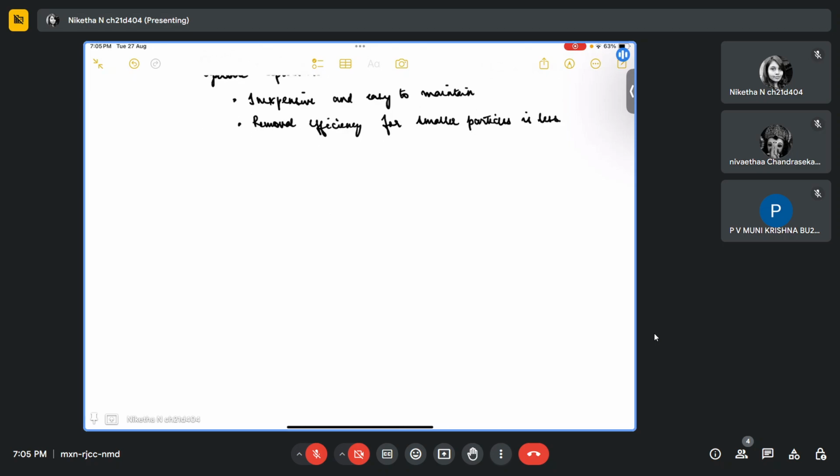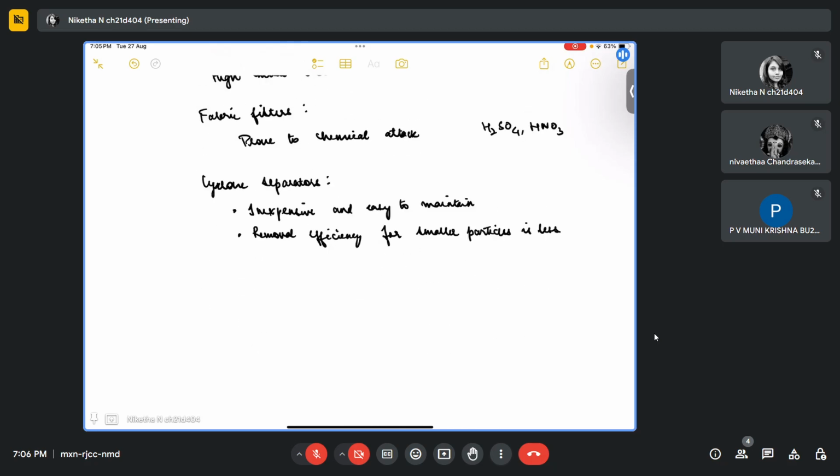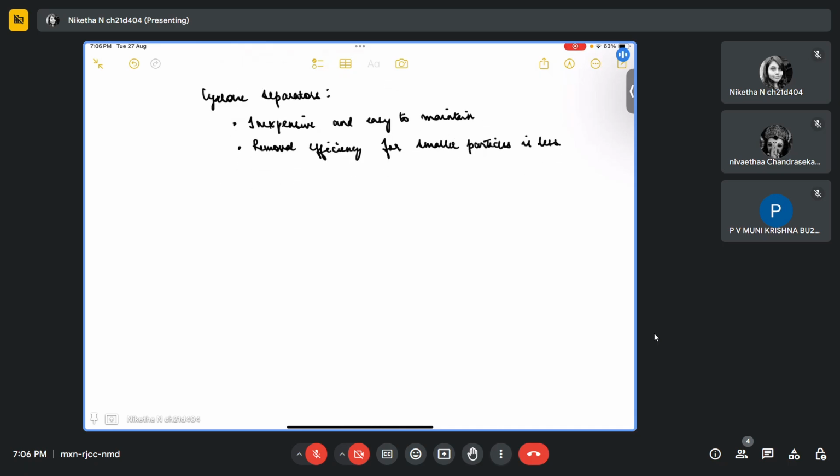Okay, so now we have seen various types of particulate removal methods. So then we come to gaseous and particulate removal.